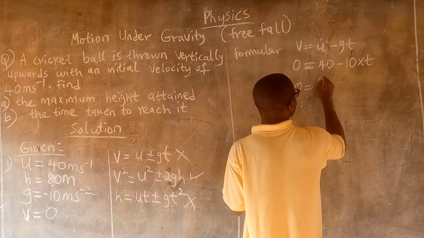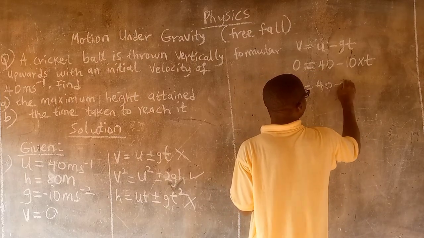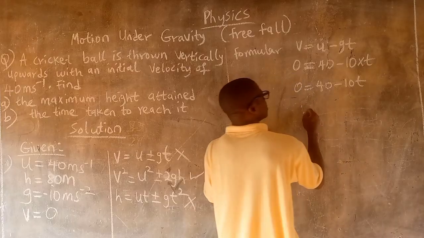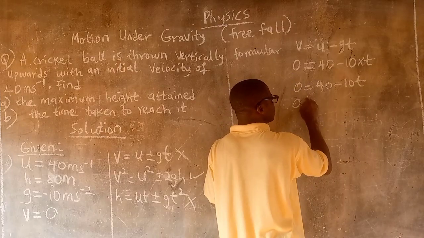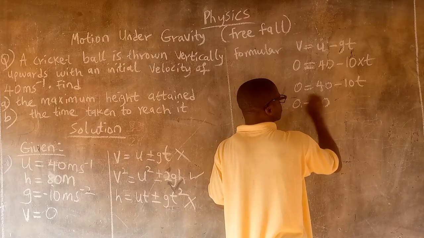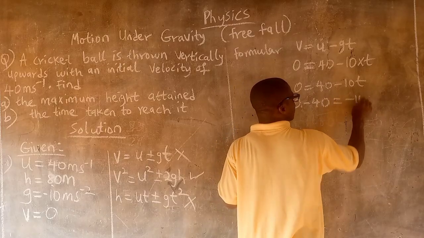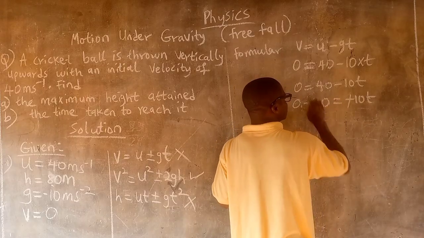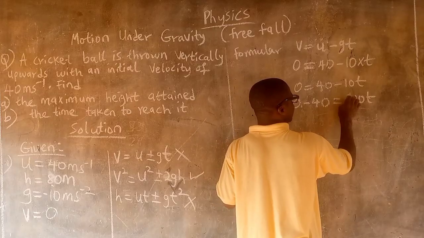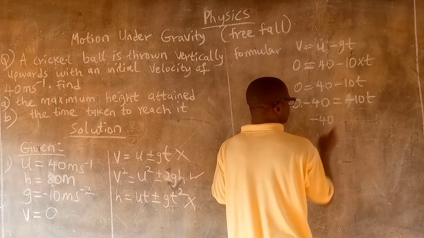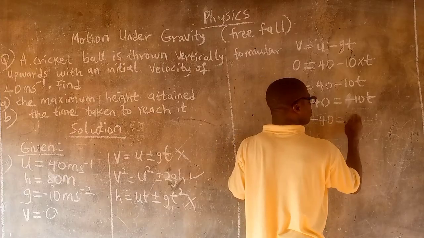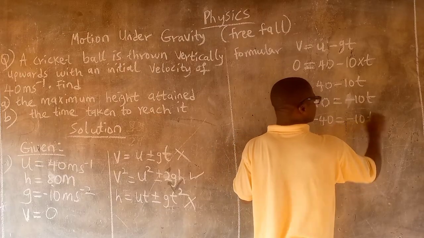0 equals 40 minus 10t. Collect like terms. 0, when 40 crosses equality sign, it becomes minus 40. So 0 minus 40 equals minus 10t. Therefore, minus 40 equals minus 10t.